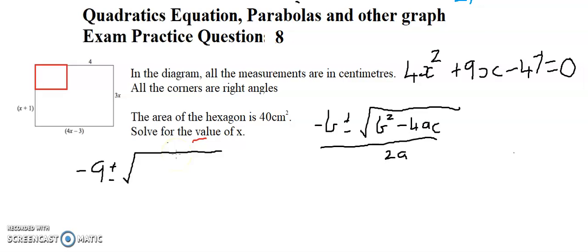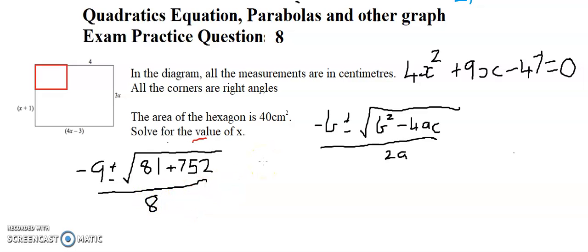B squared, so b is 9, which means 9 times 9 is 81, minus negative 4 times a times c. So negative 4 times 4 times negative 47, which equals 752 positive. So it's plus 752. And we are dividing that by 2 times a, which is 2 times 4 is 8.